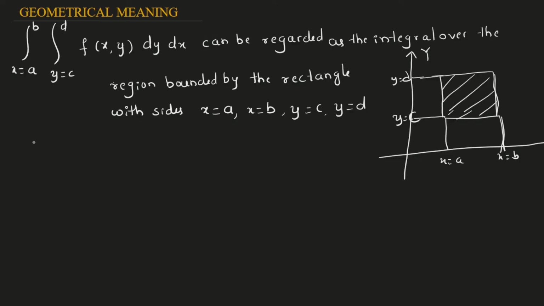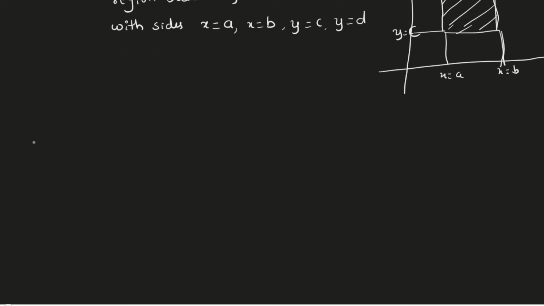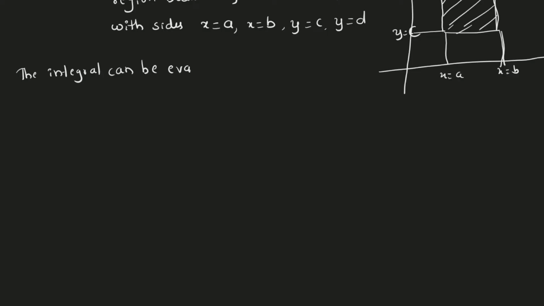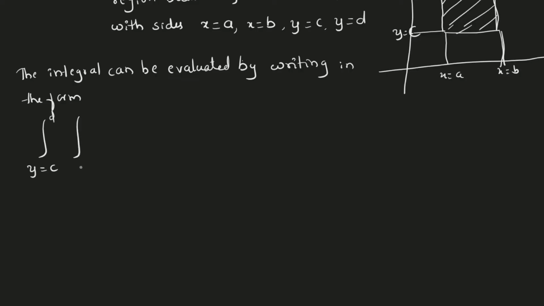So the integral can be evaluated by writing it in the form: integration y varies from c to d and x from a to b, then our function f of xy.